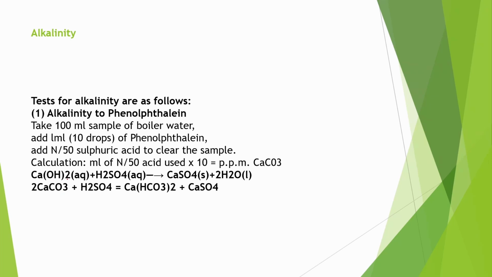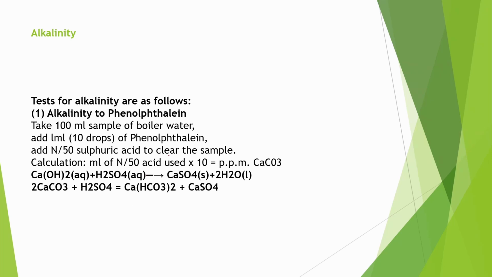First it will react with the hydroxide, then with the carbonate present, and it will form a bicarbonate molecule. Bicarbonate molecules are less alkaline than the phenolphthalein endpoint. Hence the pink coloration will disappear once all the hydroxide and carbonate have been dealt with by the acid.